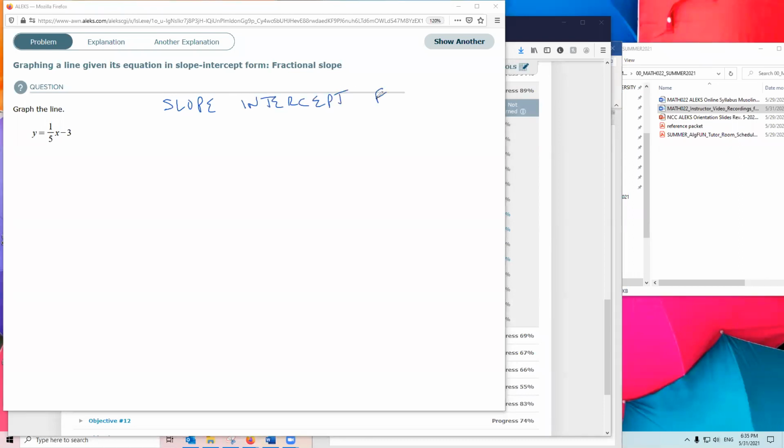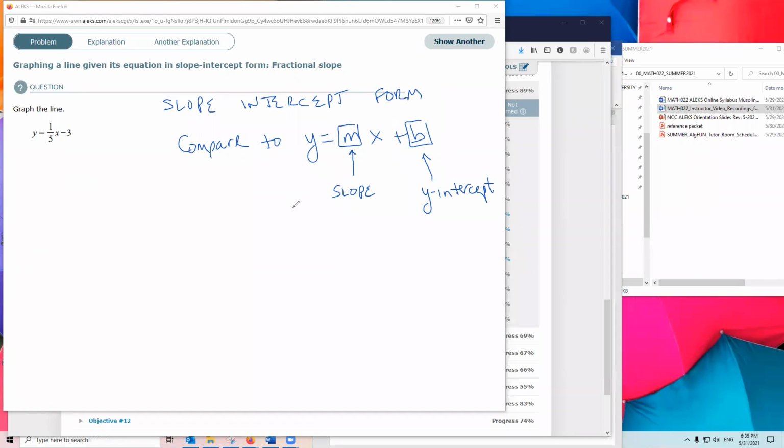The way this works is you compare the given equation to y equals mx plus b. When you do that, this m value is going to be the slope of the line. I'll explain that in a second. And this b value is going to be the y-intercept of the line.